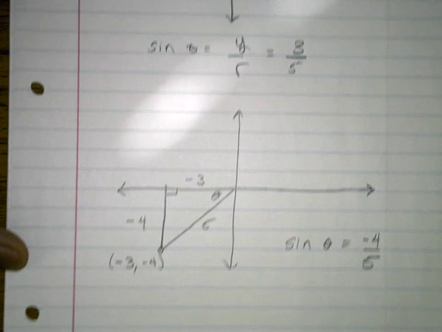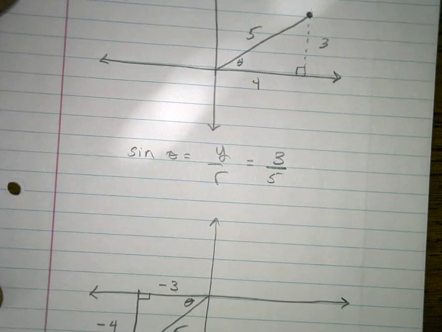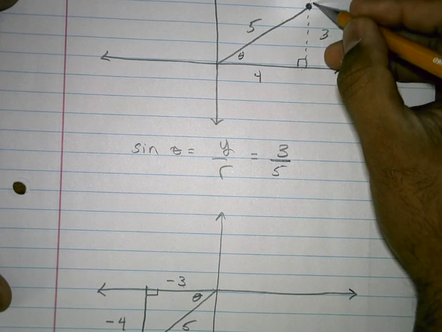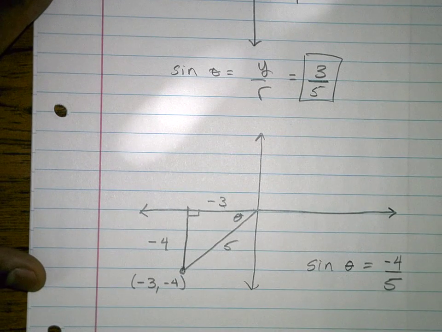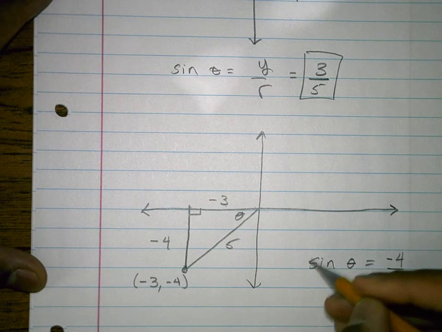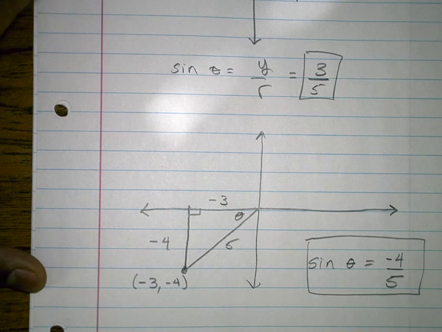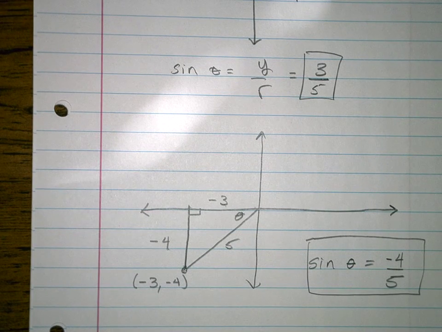So you can see up here in the example above, since my y value was positive, the actual sine value came out positive. But over here, since my y value was negative, my sine value came out negative. Okay? So it's two definitions for sine, opposite over hypotenuse, as well as the y value over the r value when you put it on top of the coordinate plane.